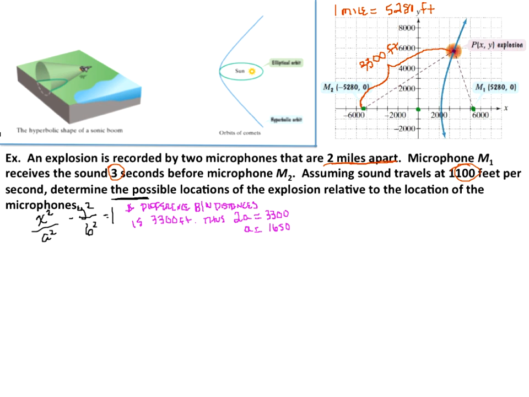So just off to the side, I know I'm working towards x squared divided by something minus y squared divided by something equals 1.